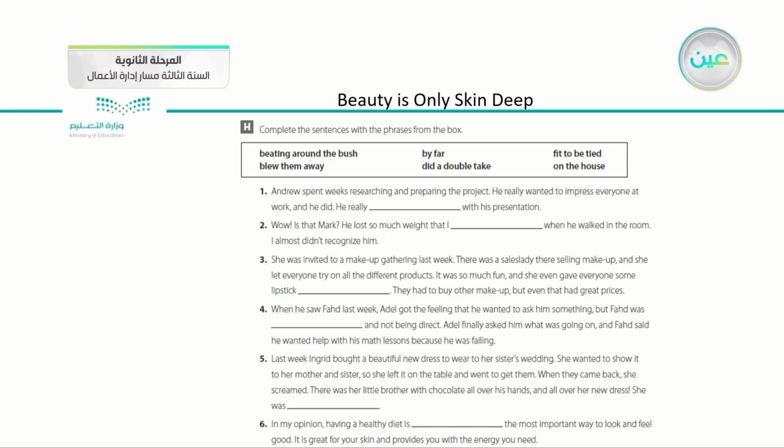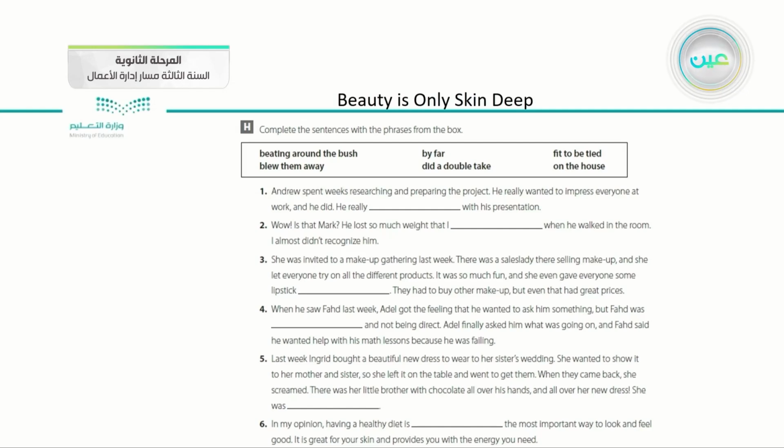Exercise H is related to the previous expressions that we have just explained and talked about. We will now read the sentences together. Read the words in the box, and we will try to work together to put these expressions in the suitable blanks.